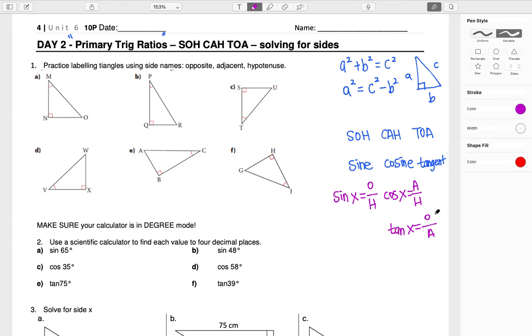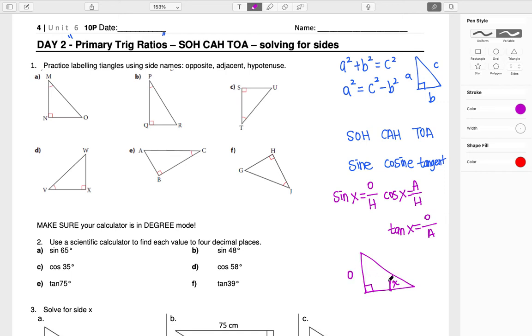Now, what do these letters mean? Well, if you look at a right angle triangle, SOH CAH TOA only works on right angle triangles. Now the most important question is, where is your starting angle? If my starting angle is over here, x, so this is my starting angle, that means this length must be opposite.